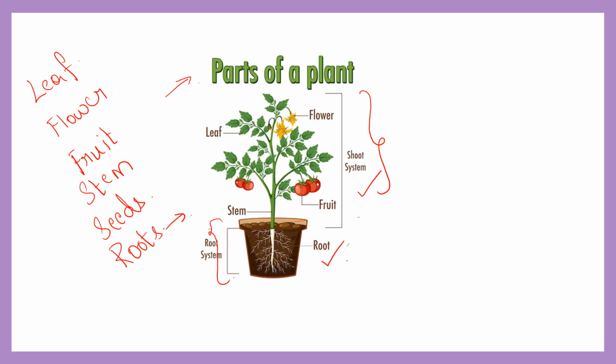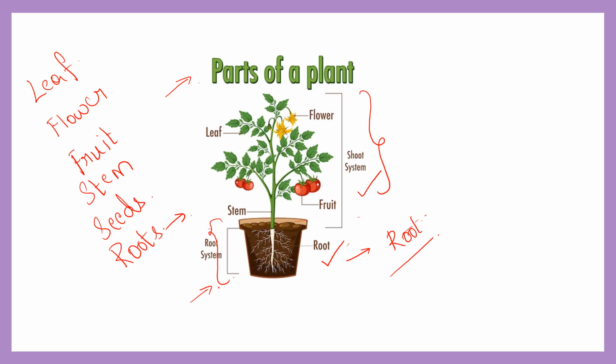So what will be under the ground? Will be root, okay? So as the roots are under the ground, and mostly those are the only things that stay under the ground, so we say that it's a root system, okay?